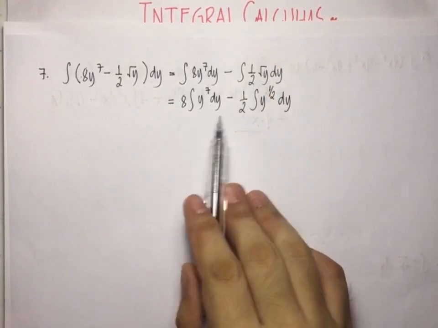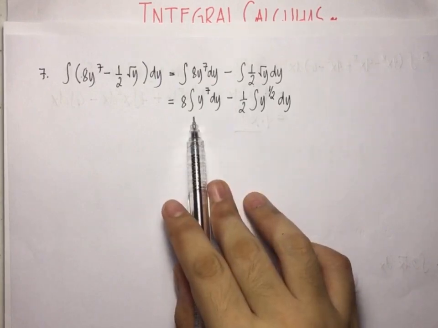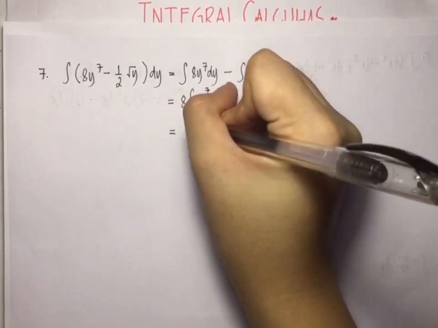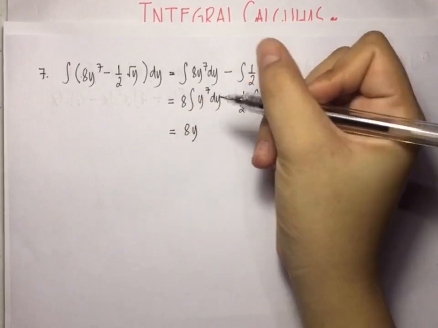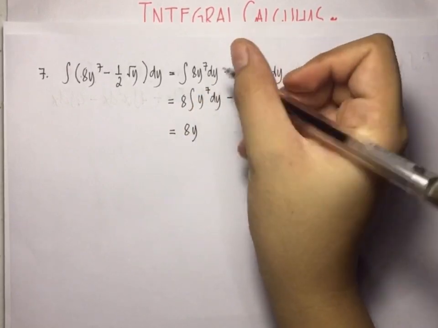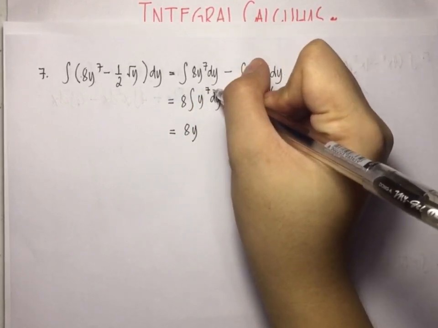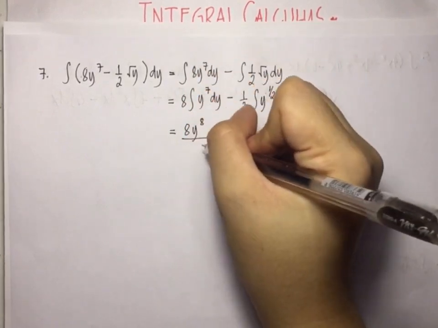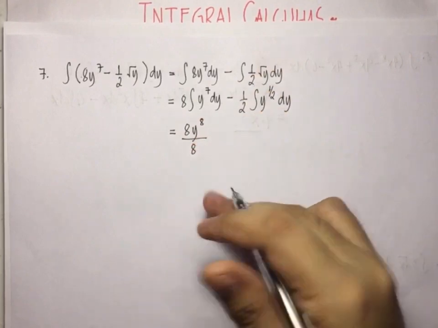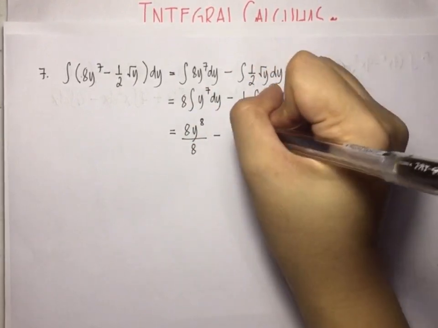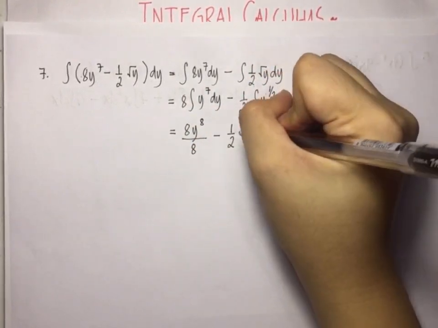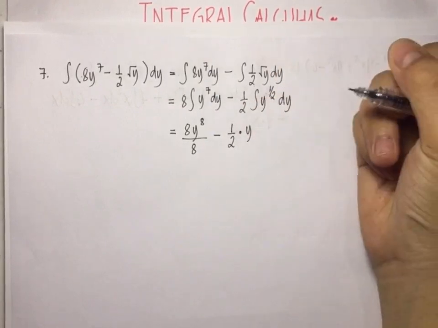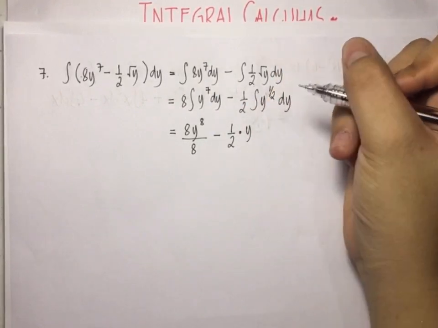Then, apply power rule, theorem number 4, so this will become 8 times y raised to n plus 1. Our n is 7, so 7 plus 1 is 8, divided by 7 plus 1, which is 8, minus, copy 1/2, times y raised to 1/2 plus 1.